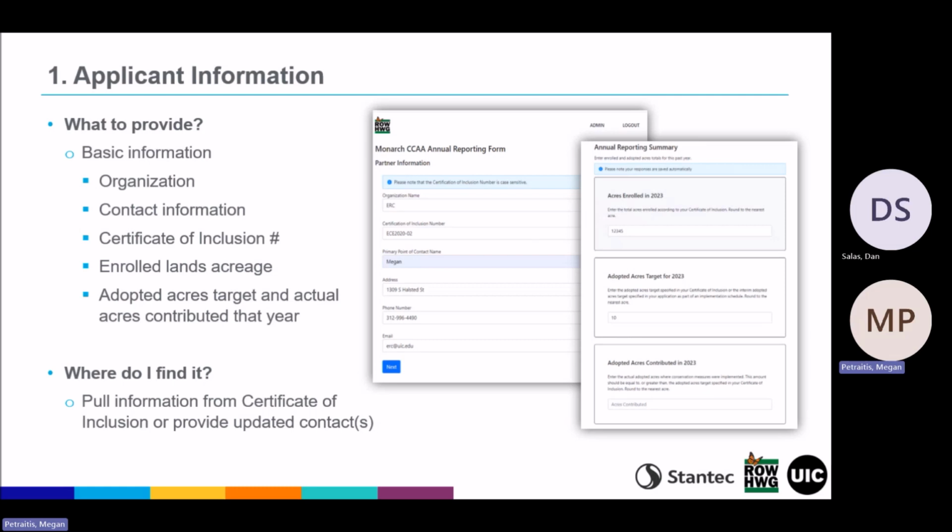So this information you could find from your certificate of inclusion primarily, but also the acres you contributed over the past year. You'll find that through whatever method you're using to track that.